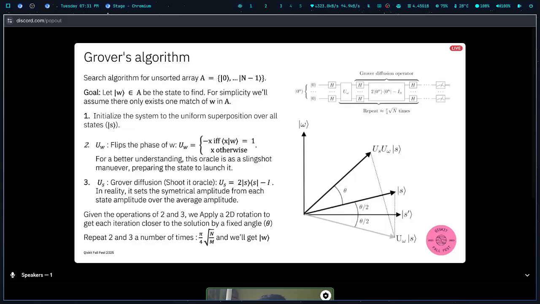So if we have more states that can be this output, for example, let's have an array of all the elements of 3 qubits, and we want to find the elements that end in 0 and 1. Therefore, there are two possible outputs, the 101 and the 001.